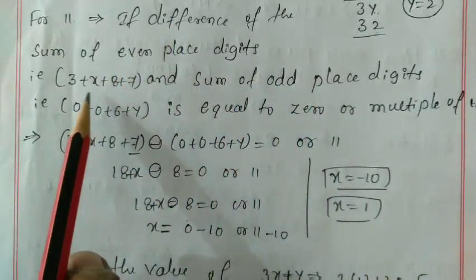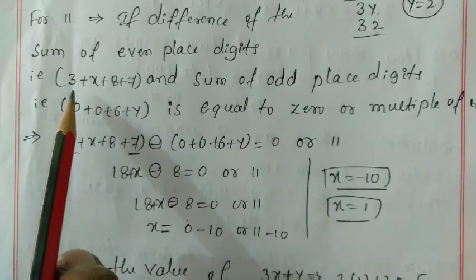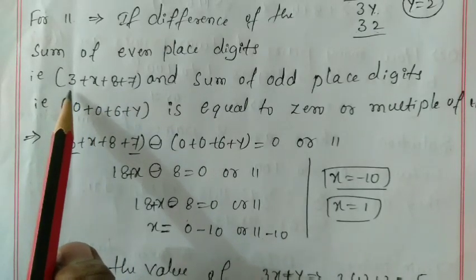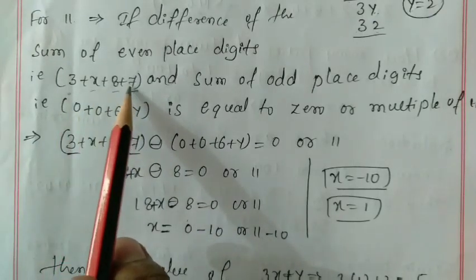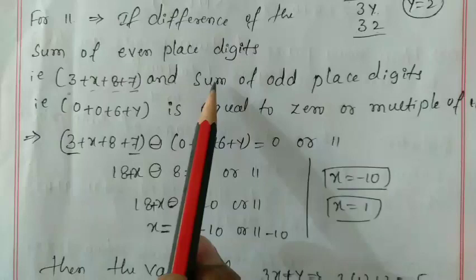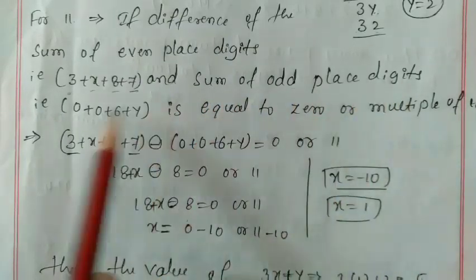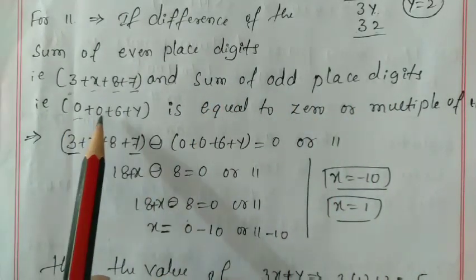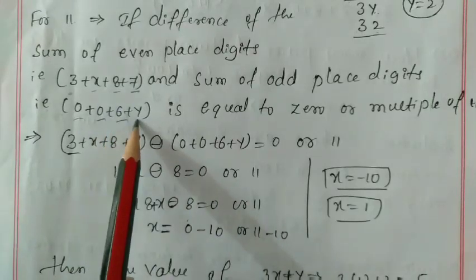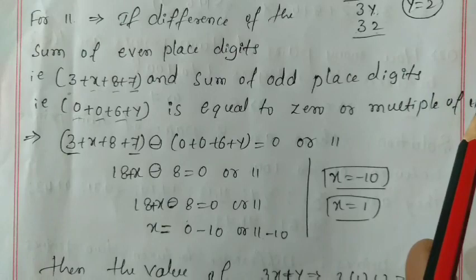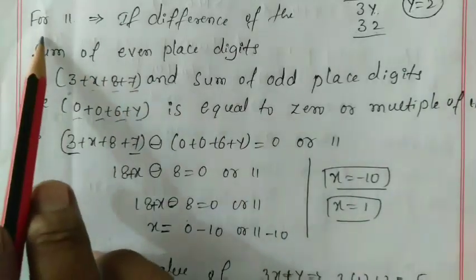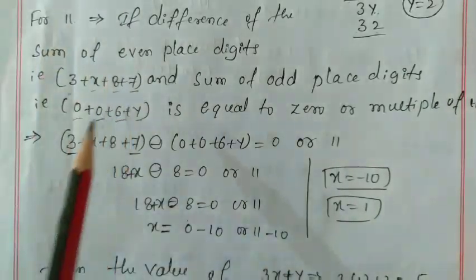In the given number, first write the even place digits, that is 3, x, 8, y. These 4 are the even place digits. And you can find the sum of odd place digits. The odd place digits are 0, 0, 6 and y.